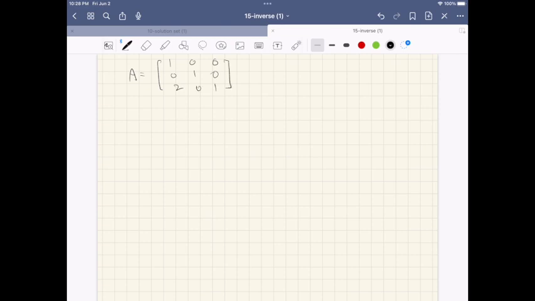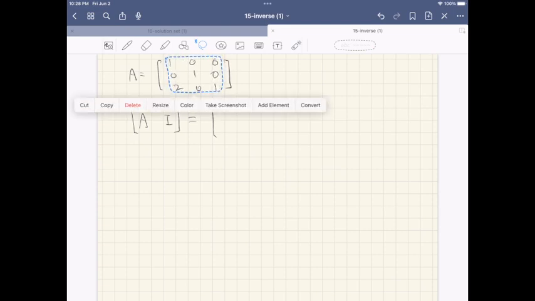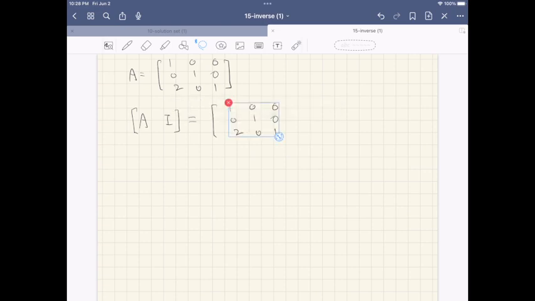Now to compute A inverse, we look at A I. We first write this down. And the other half is I, the 3 by 3 identity matrix.